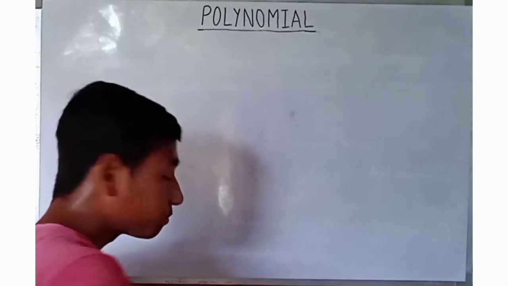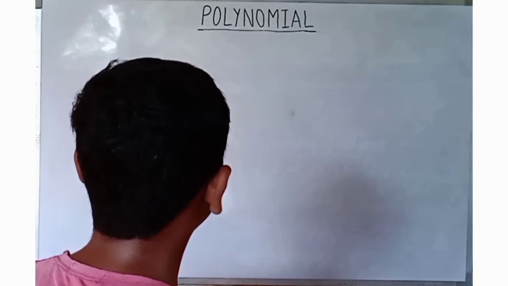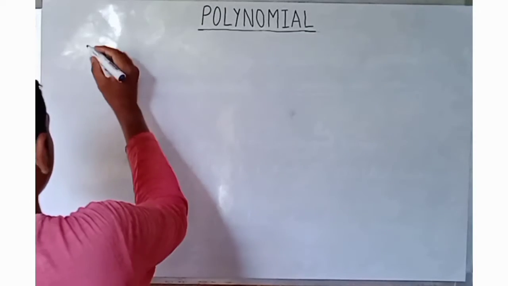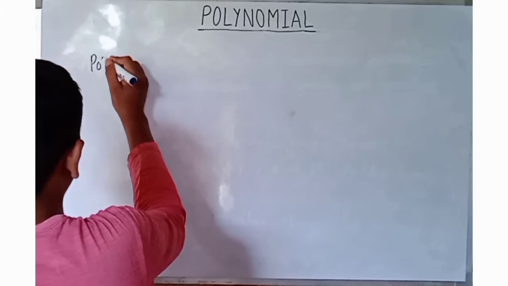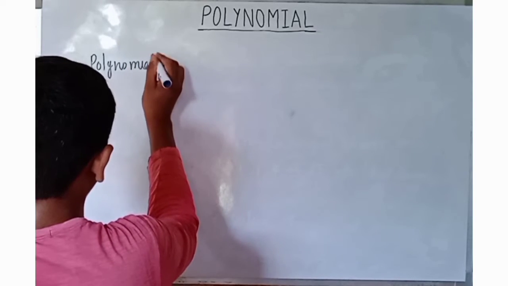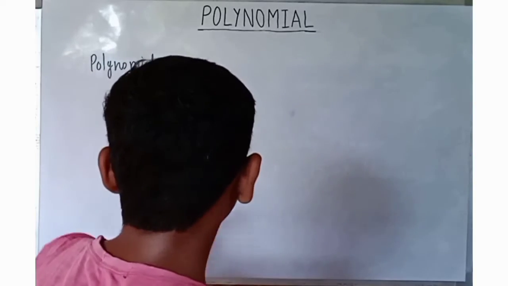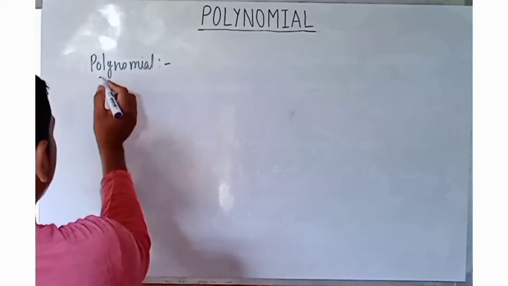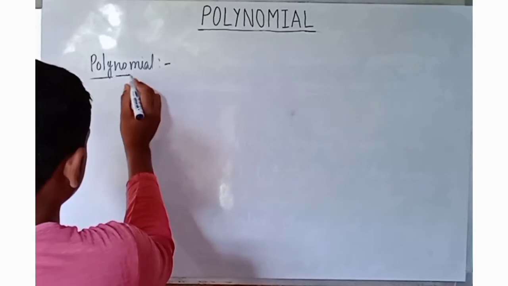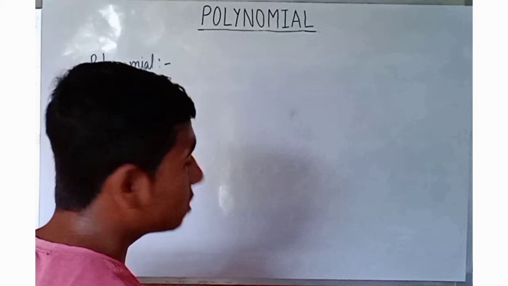So basically, what is a polynomial? If you see carefully, it consists of two words: first is poly and second is nomial.